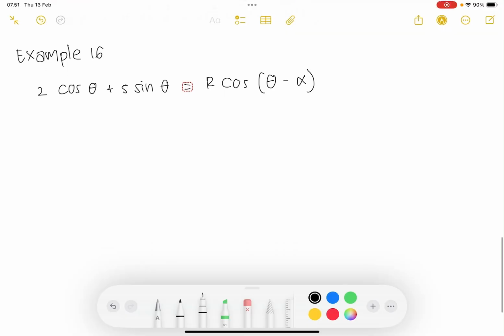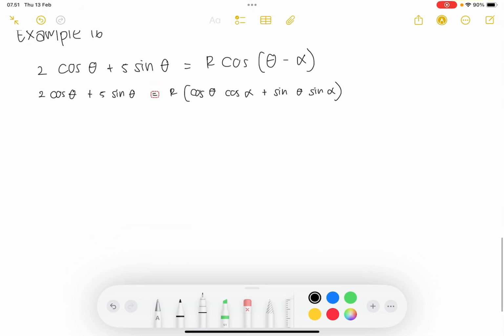Okay, let's just do it the same way as before, yeah? So this is gonna be 2 cos theta plus 5 sin theta will be equal to r cosine, sine. After that, here 2 cosine theta plus 5 sin theta, here r cosine theta cosine alpha plus r sin theta sine alpha.